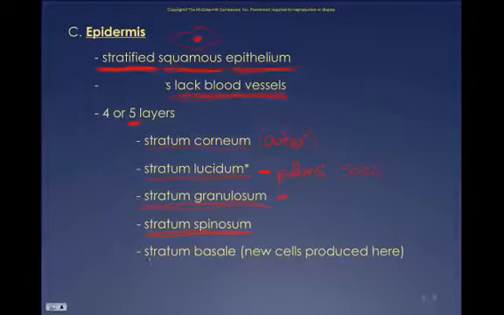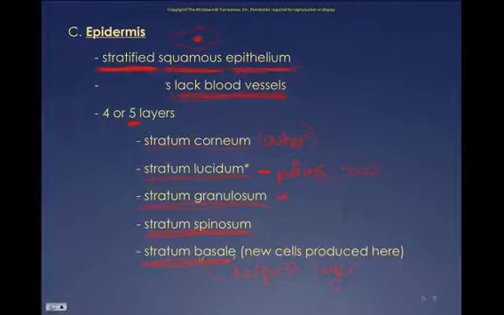That's our lowest, deepest layer, I should say, okay? So this is our deepest layer by far. And so when we talk about the stratum basale, this is going to be the layer of cells where we're actually producing new cells. So this is the layer that's mitotically active, okay?